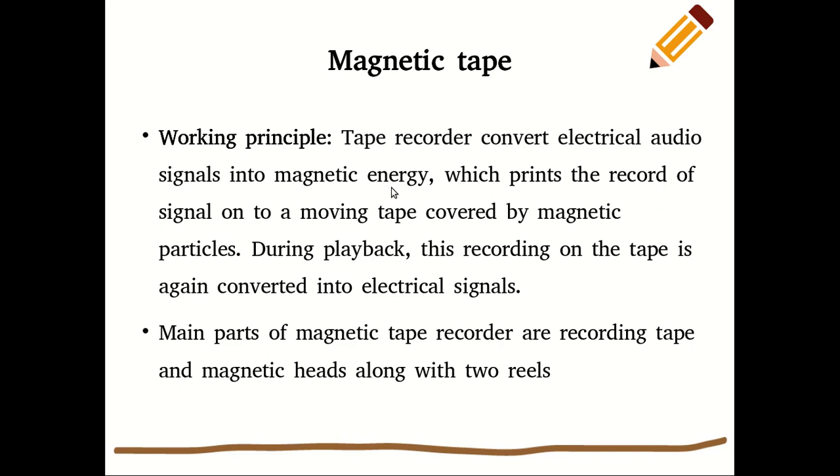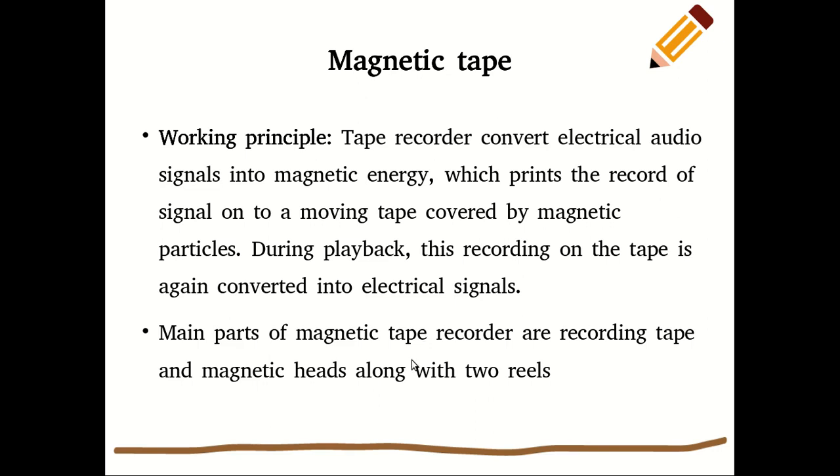This magnetic energy prints the information about the sound on the moving tape, and thus converts the electrical audio signals into magnetic energy stored in the form of a magnetic field on the moving tape. When we play back this tape, what will happen? This recording on the tape is again converted into electrical signals, and thus the information about sound is recorded and reproduced in the case of this magnetic tape.